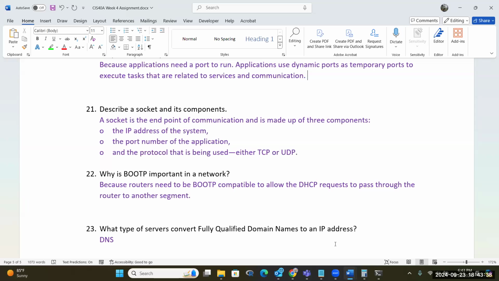But in order to pass through the firewall, it needs to get to the router and then bring them into the private network, so that way they can access the files and the applications that they need when they're working remotely. So the router is gonna need BOOTP, so that way it can get the server to give an IP address to that remote access system.